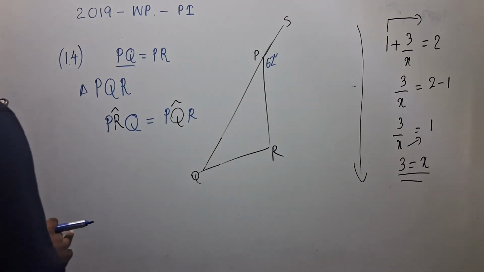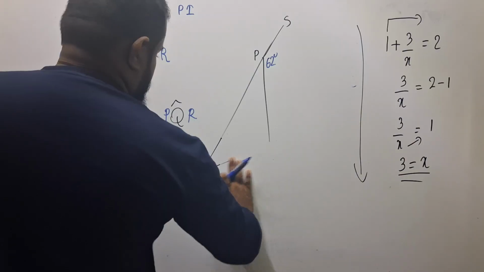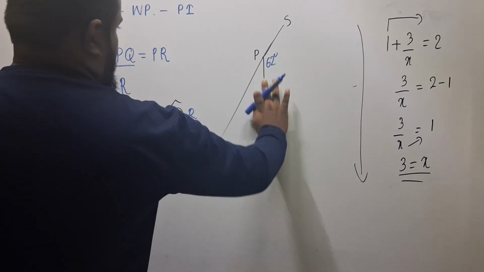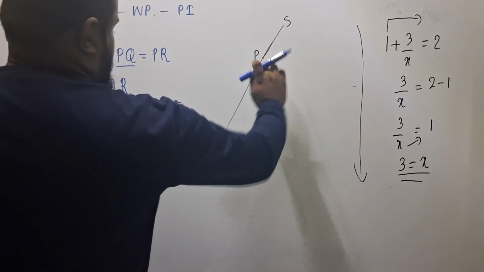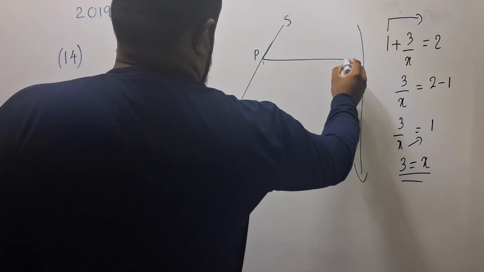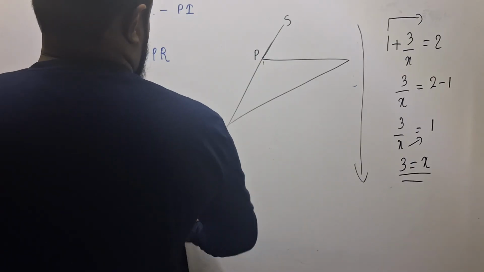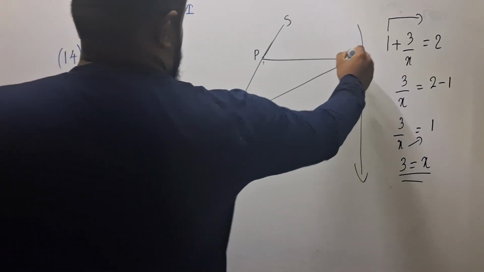Actually, the triangle is not in this shape. 62 is a good angle, so it should be like this. PQRS.